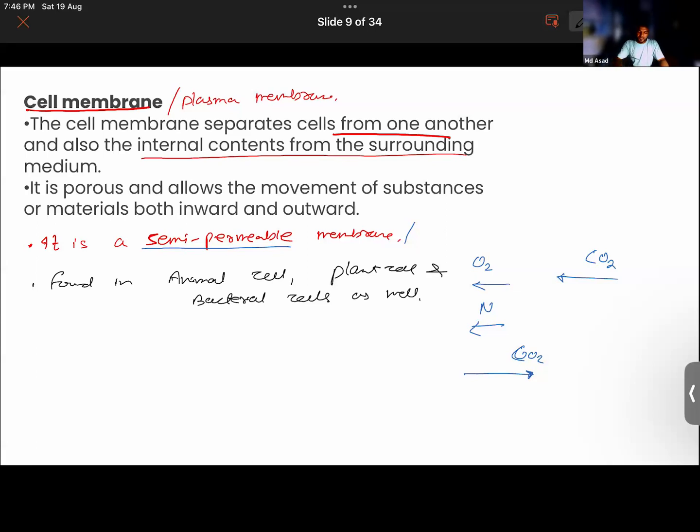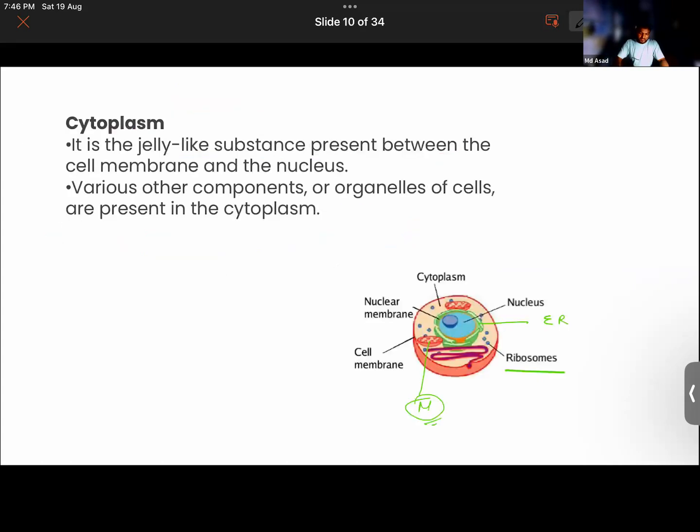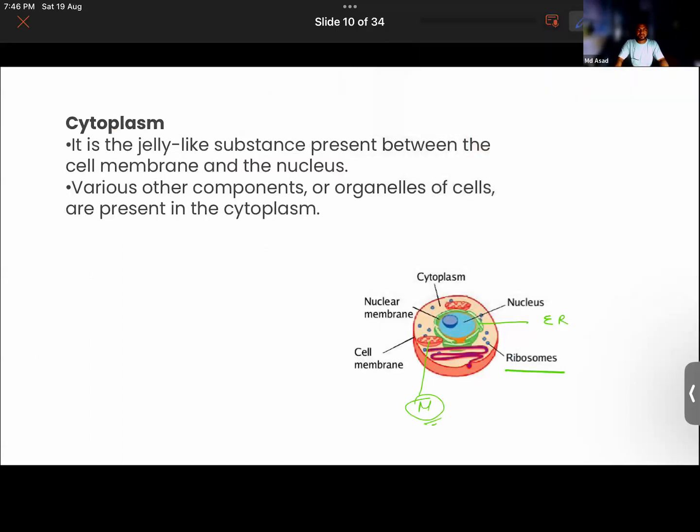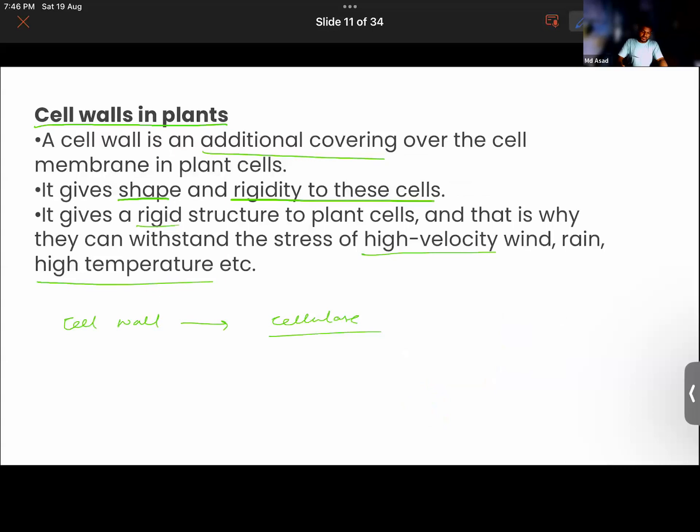Now we also talked about cytoplasm. What is cytoplasm? The jelly-like substance present between the cell membrane and nucleus. Exactly, and all the other components of the cell are floating in it. Now we also talked about cell wall.